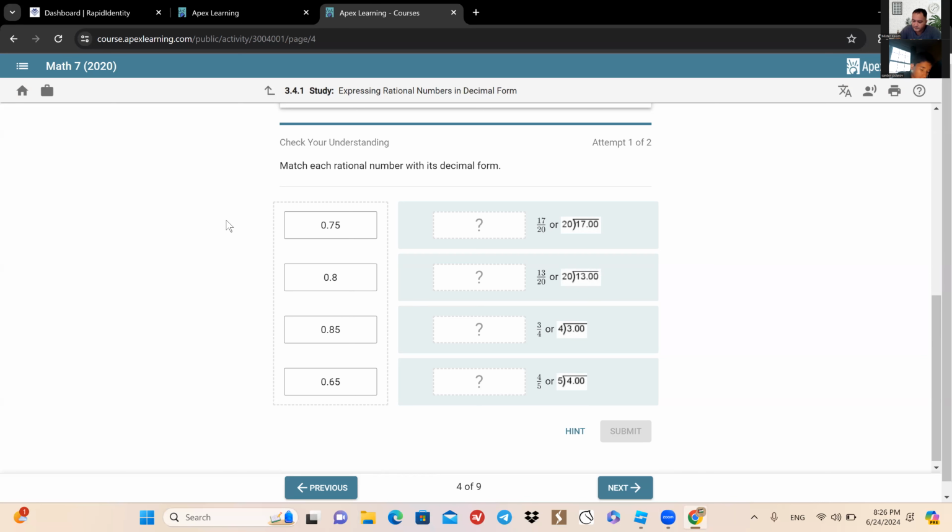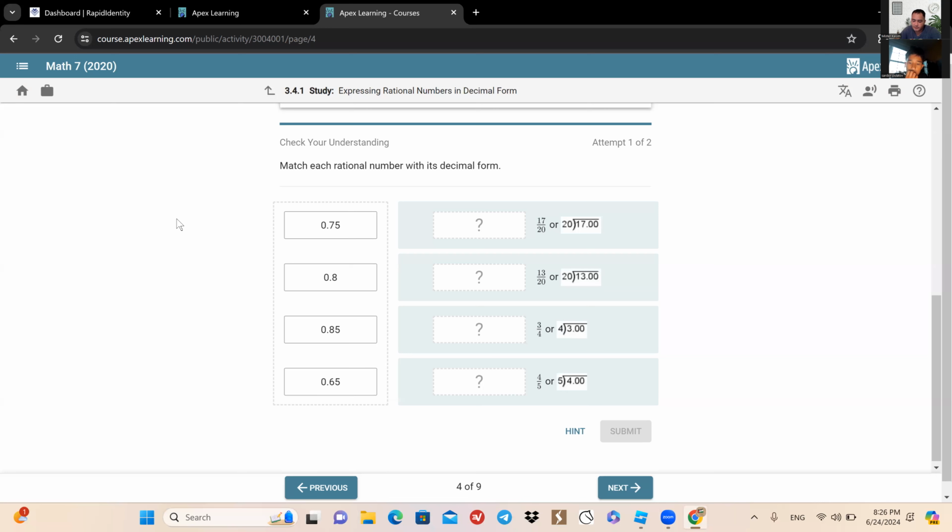Very good. And what is the highest common factor of 75 and 100? The greatest divisor. That's going to be 25.